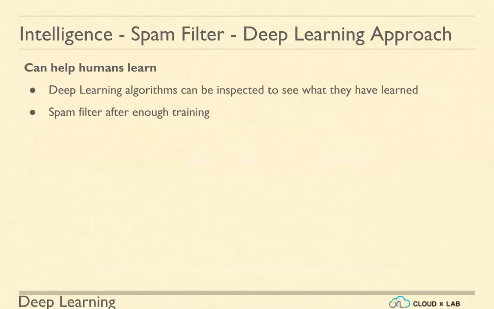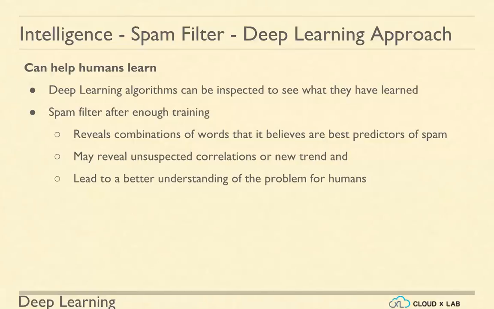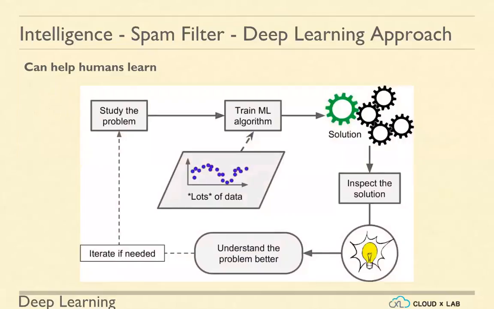A spam filter, after doing enough training, would reveal to us what words it believes are best predictors of spam. It may reveal unsuspected correlation or a new trend. It leads to a better understanding of the problem for humans, and therefore we can learn about spam more if we have better machine learning algorithms.